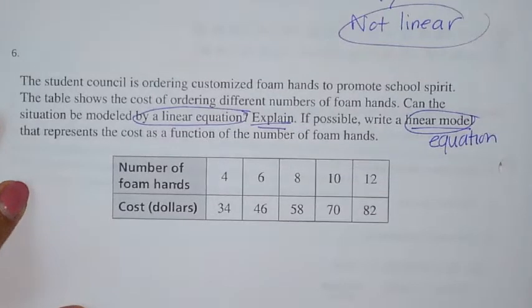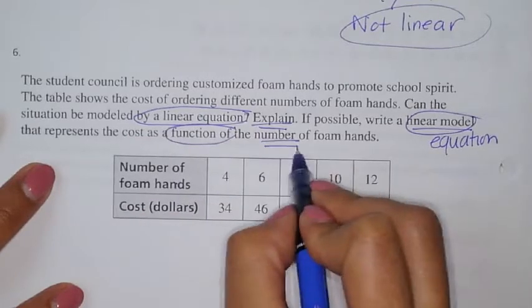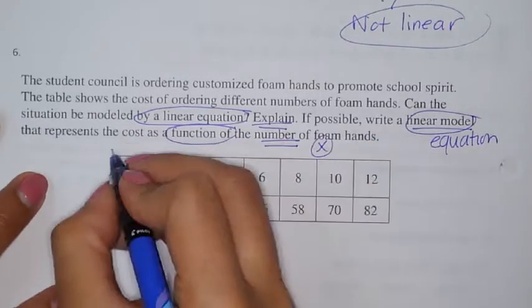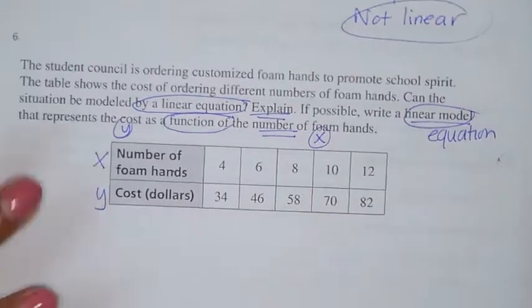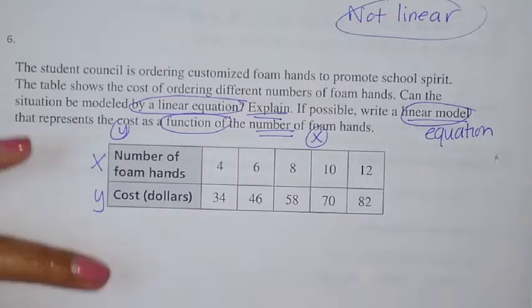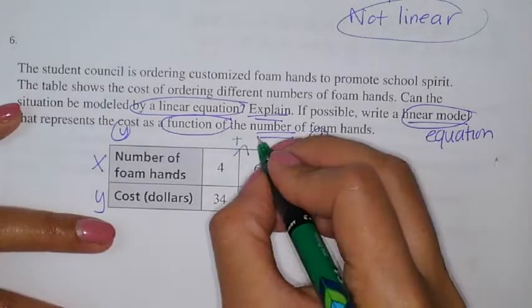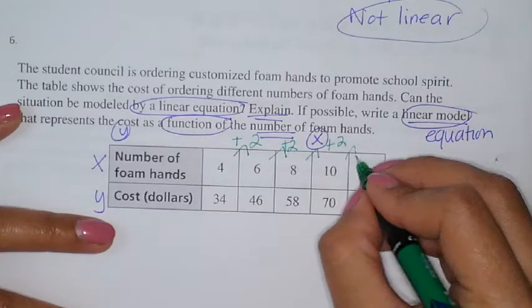Okay, so let's see. And then here, remember that as a function of number, this is the x, and this is the y. And you already knew that from here. X and y. So first we need to know if this is linear or not. So this would be plus 2, plus 2, plus 2, plus 2.